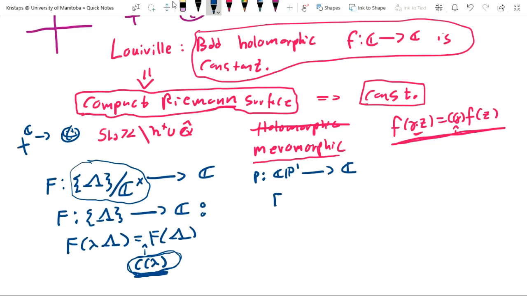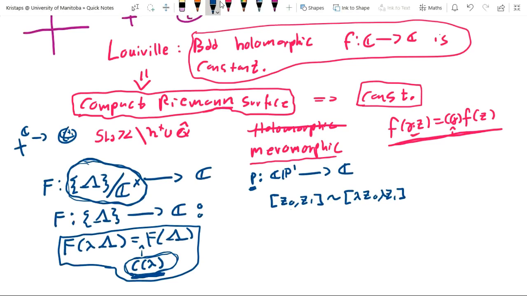So recall that the points of the Riemann sphere are pairs of complex numbers z0 and z1, defined up to non-zero scalar multiplication. So we think of two points that are non-zero scalar multiples of each other as representing the same point.